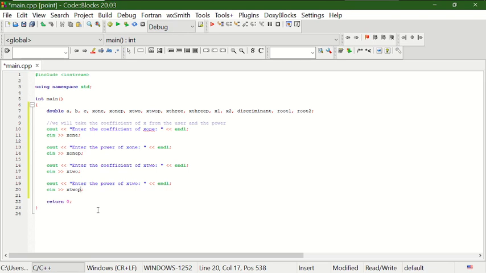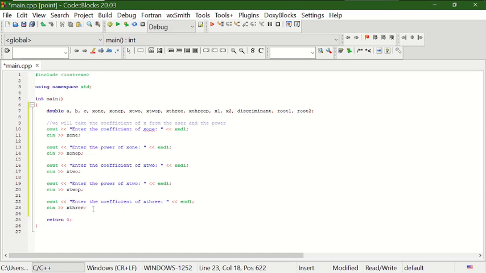Let's be x1 power, x2 power. Okay, so we need the coefficient for x3. So paste that coefficient for x3. So store this for coefficient of x3.